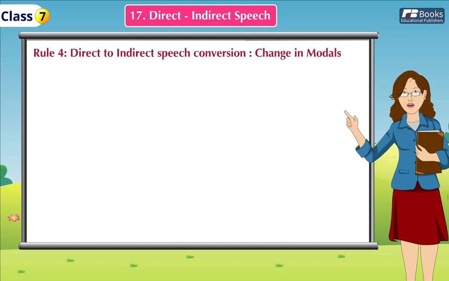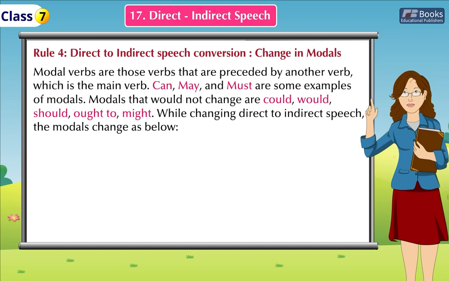Rule 4. Direct to indirect speech conversion. Change in modals. Modal verbs are those verbs that are used along with another verb, which is the main verb. Can, may, and must are some examples of modals.